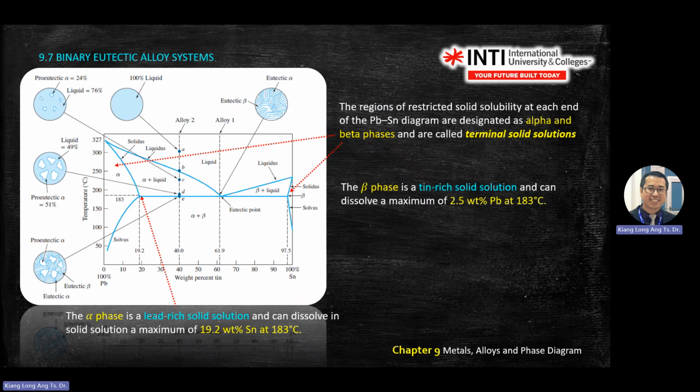It can dissolve a maximum of 2.5% of Pb at this temperature. So this is everything from the graph. If you understand this statement, then you are okay.